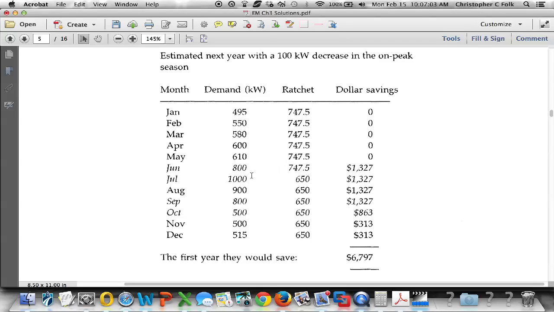Same thing in July and August and September. Notice what also happened in July, though, is that the demand ratchet rate dropped to become 65% of this new low of 1,000 kilowatts. And so that's going to carry over and give us some demand savings.